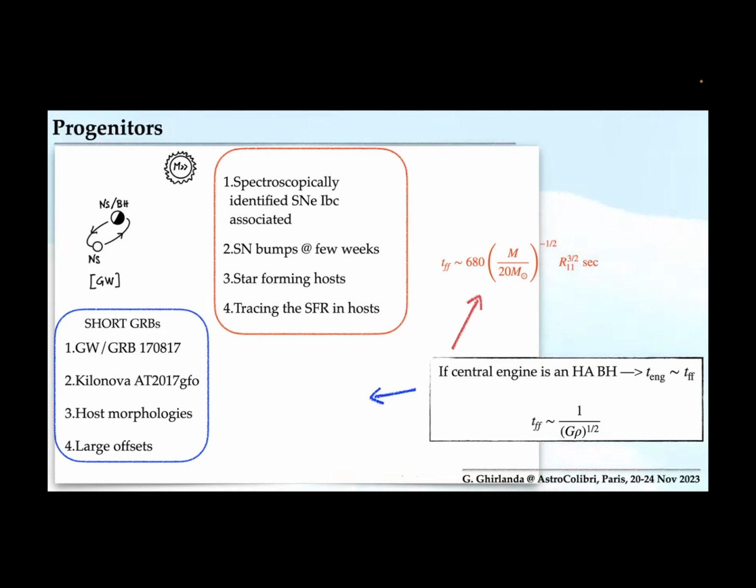So if the central engine is an accreting black hole, its duration might be related to the free-fall time. And the free-fall time is inversely proportional to the square root of the density of the material that falls onto your object.